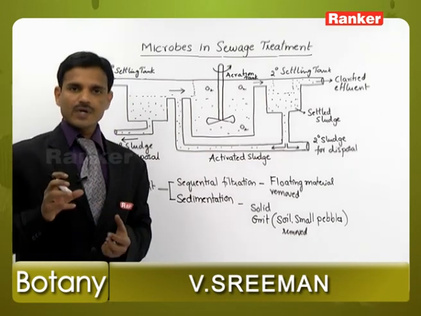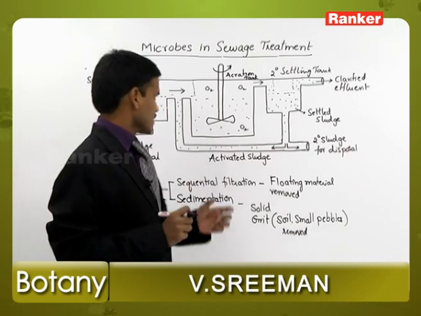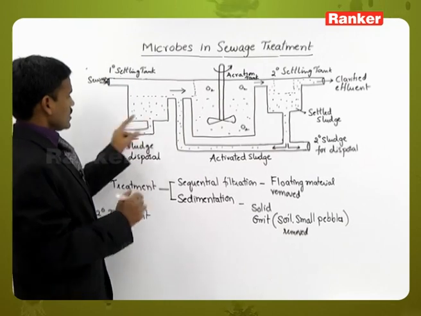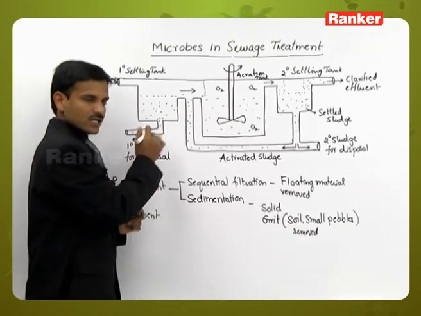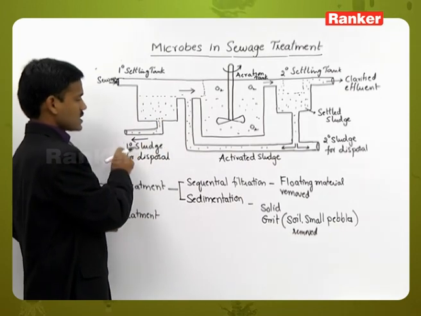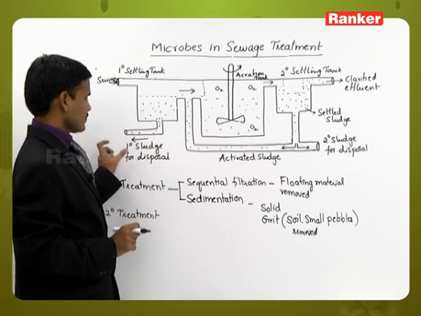Next, the floating substance is called the effluent, the primary effluent. The settled solid particles that are removed are called primary sludge. The primary sludge is released for disposal.